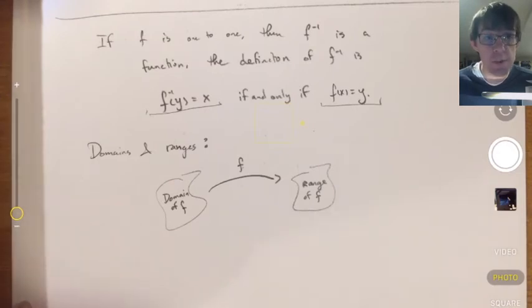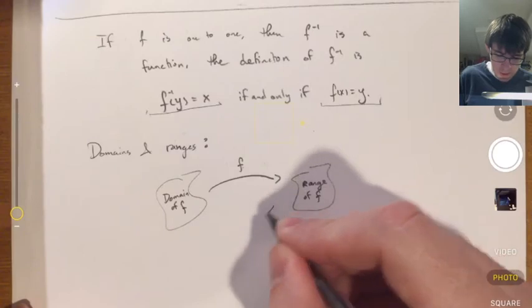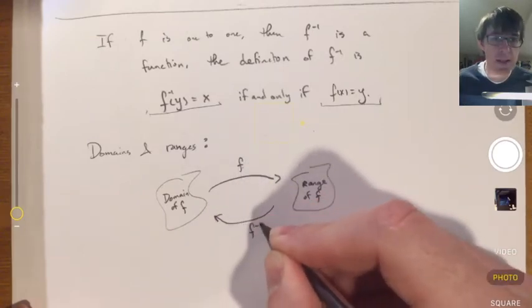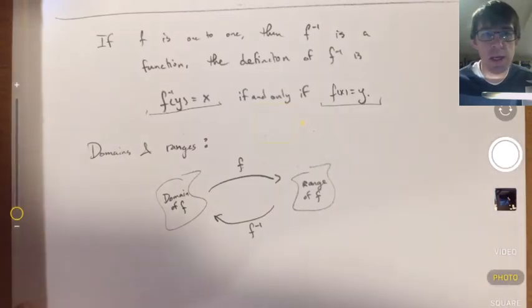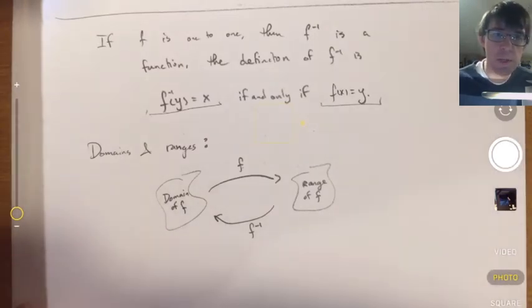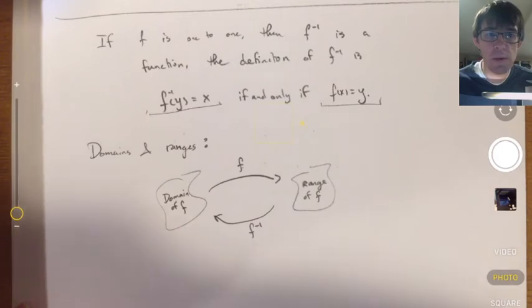What does the inverse do? The whole point of the inverse is it goes the other way around. The inverse should take the things from the range and turn them back into things from the domain. That's the whole point of the inverse.